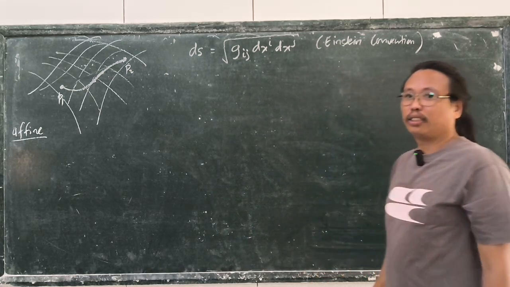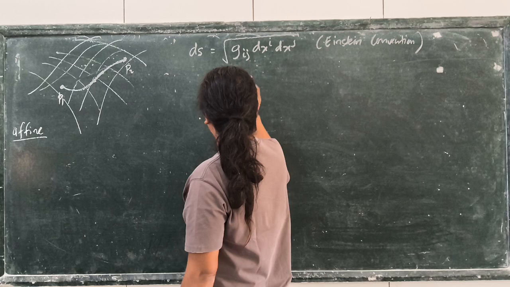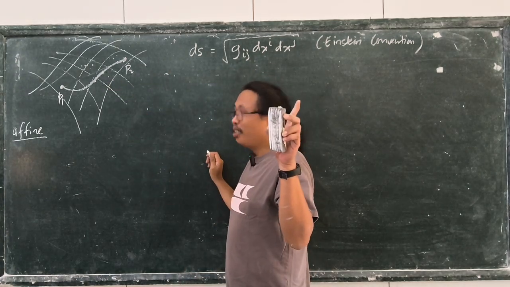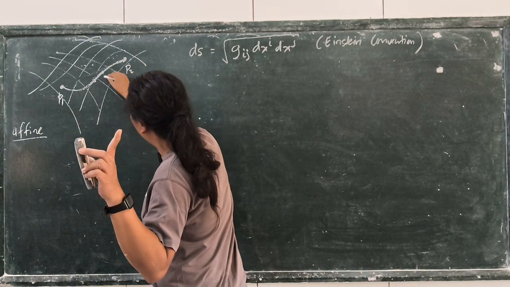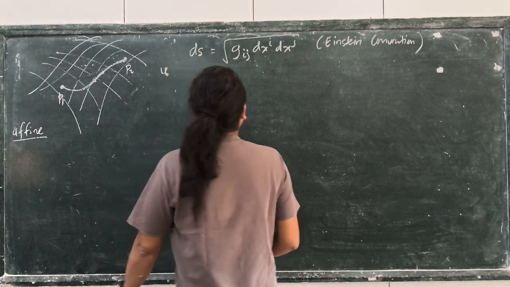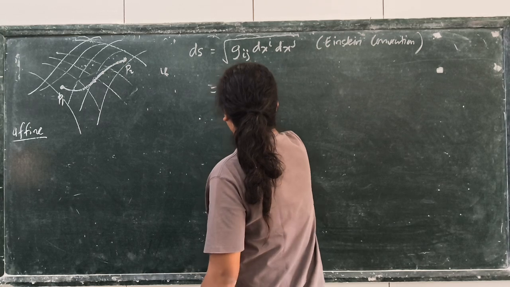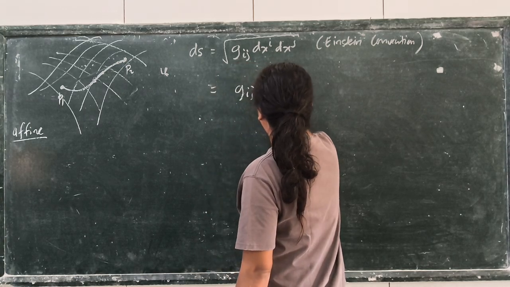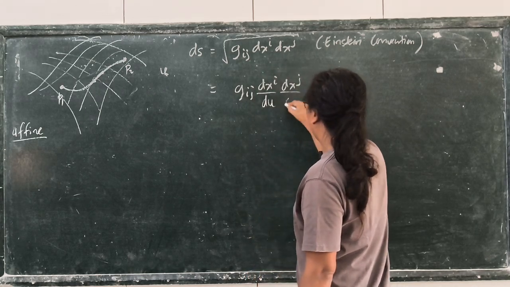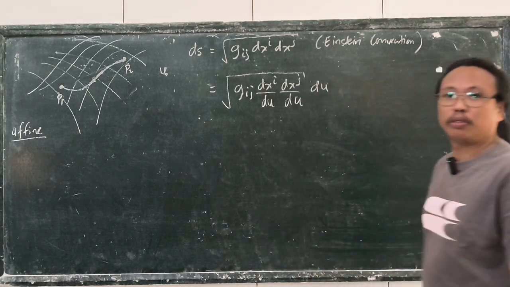Okay? But this is what I want. Since my x^i here are parameterized in terms of u, let's parameterize x in terms of u. Instead of that, I can just write this as the square root of g_ij dx^i/du dx^j/du times du.